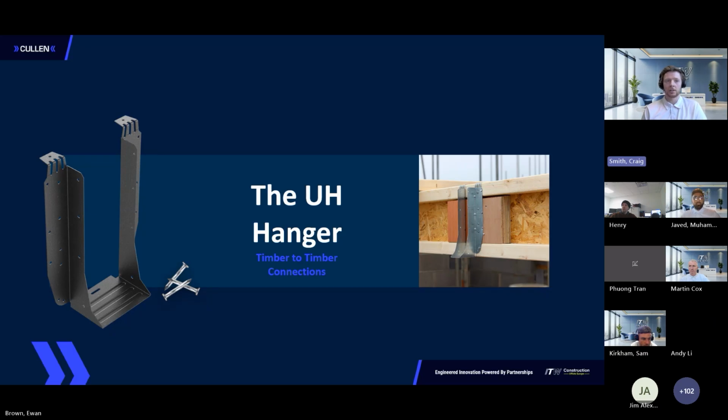It's fixed again with our standard square twist nails and has an efficient nailing pattern that reduces the amount of nails we need and can increase the load. The size range goes from 220 to 300 millimeters deep, and the width is 39 to 100 millimeters. If you want to go past 100 millimeters wide, we'd be looking at the HUH hangers, and we'll look into them as well.